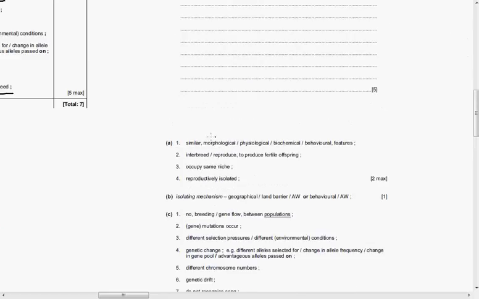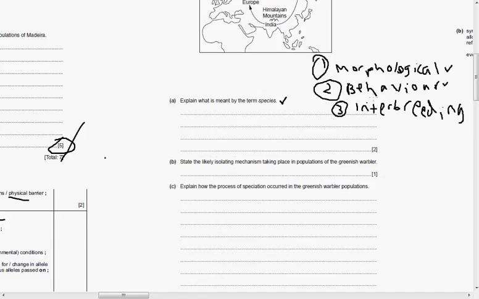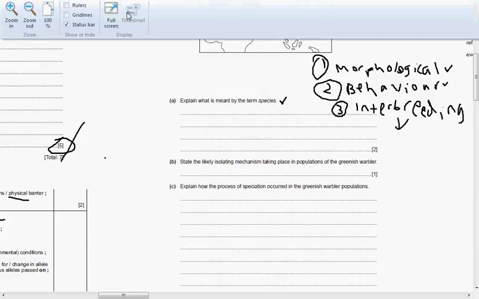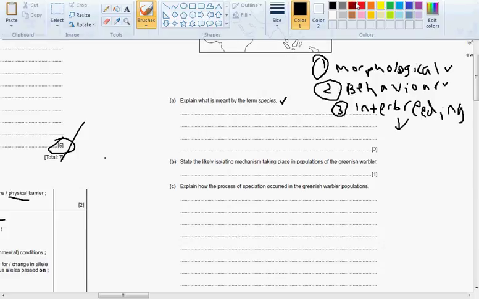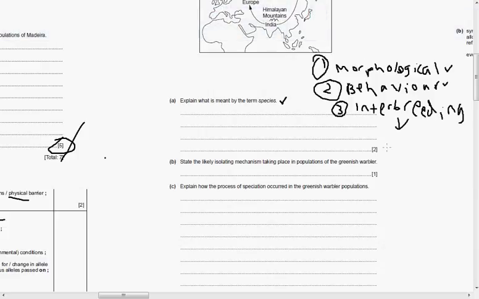So these three things are very important to mention in the definition, and this is the thing over here: same morphological and behavioral features, interbreed to produce fertile offspring. It's not just interbreeding. Maybe I can keep this in red pen so you don't ever miss this mark. Fertile, right?